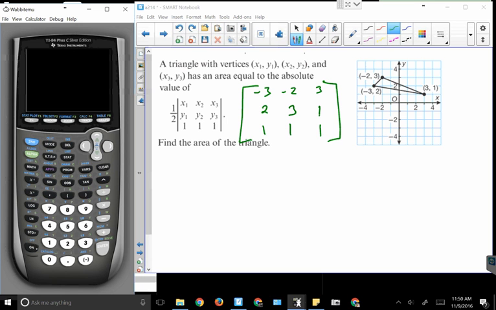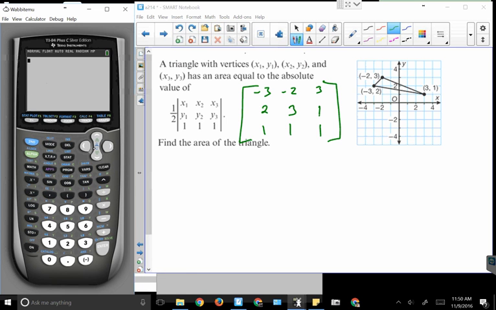Calculator. Second, matrix. Edit. We got a 3 by 3, so that's all good. So we got -3, -2, 3, 2, 3, 1, and then 1, 1, 1.